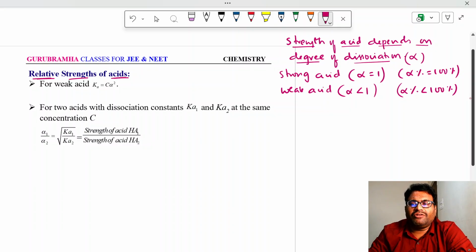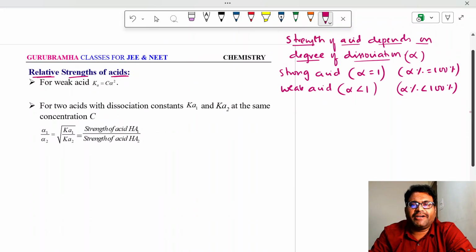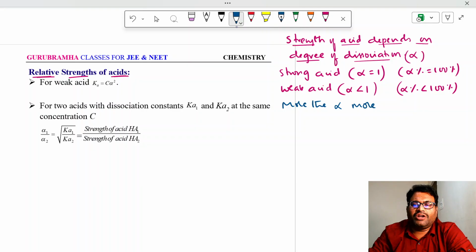So on what factor does the strength of an acid depend? One of the factors which decides the strength of an acid is the degree of dissociation. The more the alpha, the more the strength of the acid.